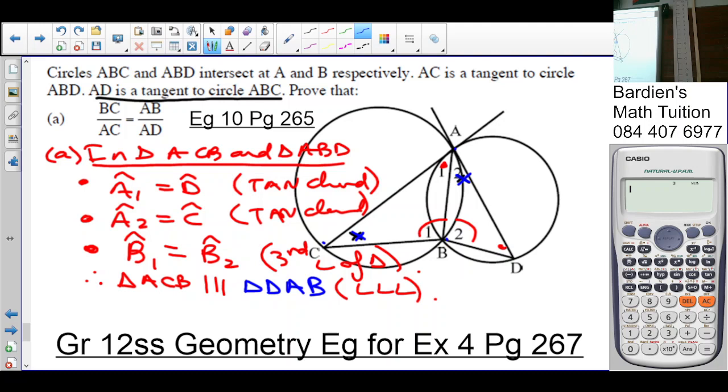Yes, Michael, what's your question? Would they ask you to prove similarity given sides only? Yes. If all the sides are in proportion, then the angles will be equal, so they must give you 3 sides.